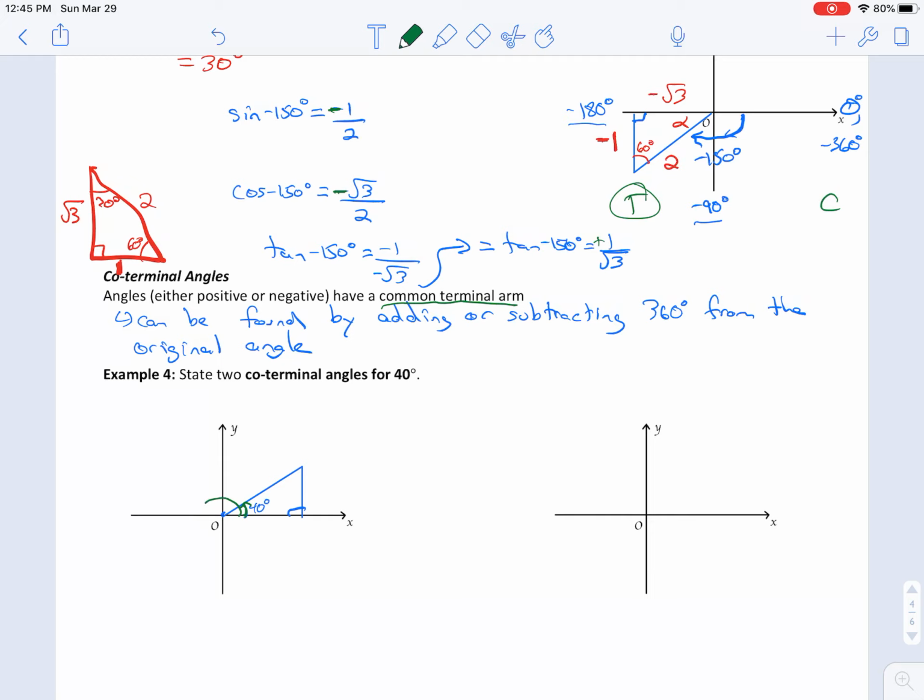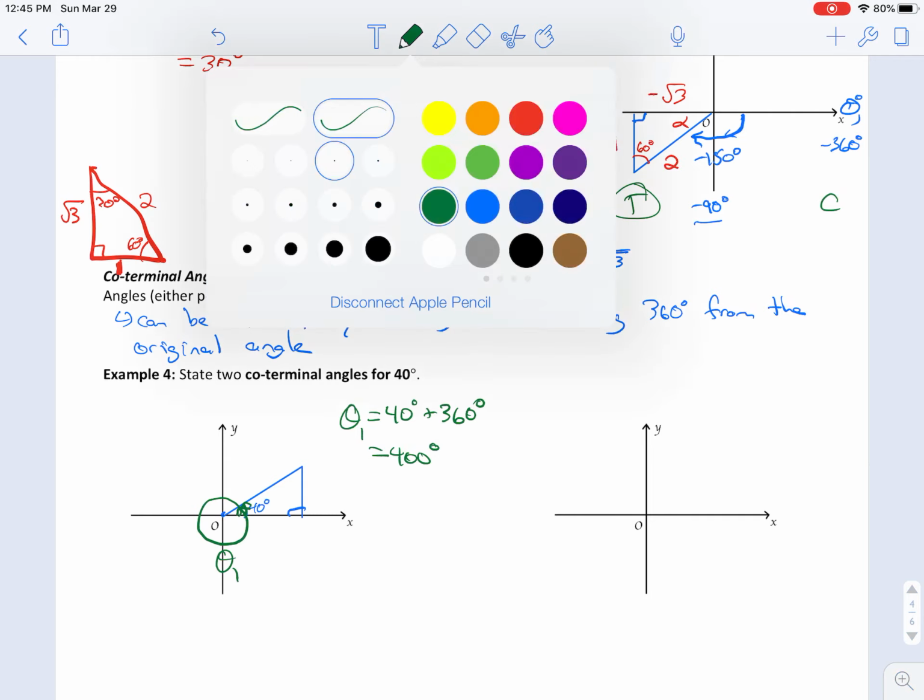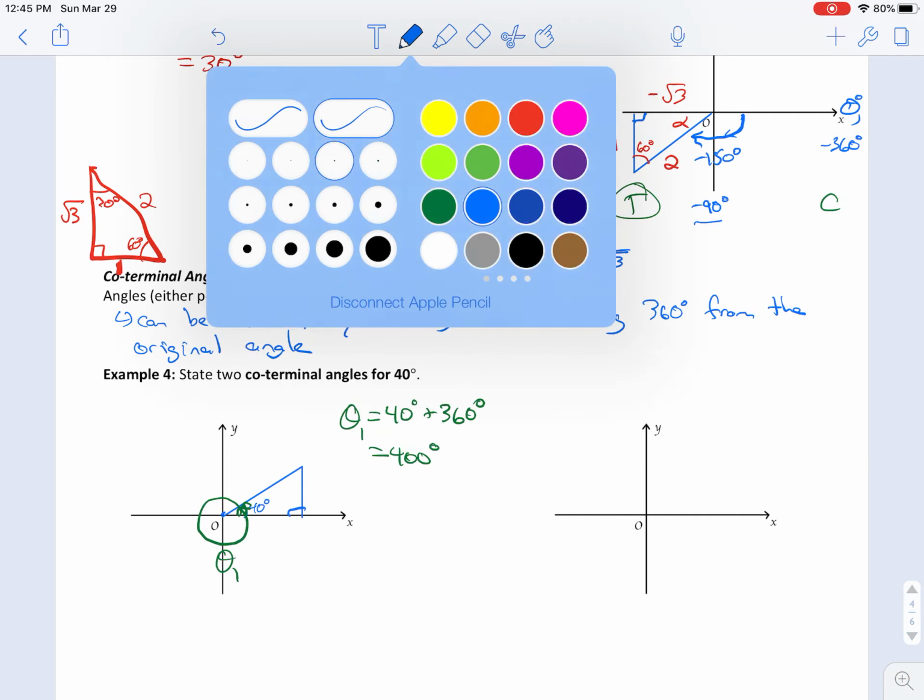This is the positive direction normally. I'm going to just wrap around like I'm doing a 360 after the 40. Let's call that theta 1. Theta 1 would simply be the original angle plus 360. That's one example of a coterminal angle. You could get another one by wrapping another 360 around, so it would loop around twice.